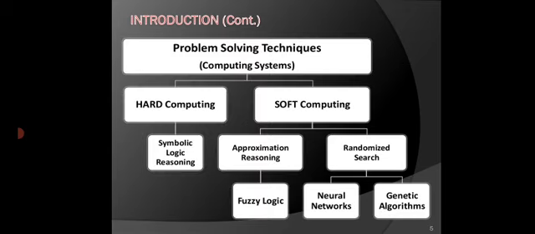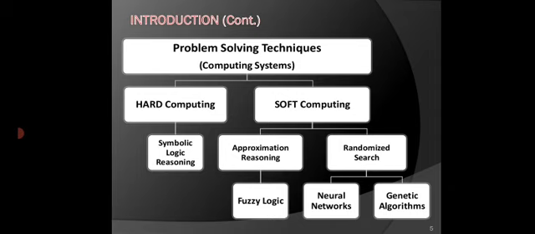While this is about problem solving techniques, this graph shows the hard computing and soft computing used for problem solving. Hard computing uses symbolic logic reasoning, while soft computing uses approximate reasoning and randomized search.